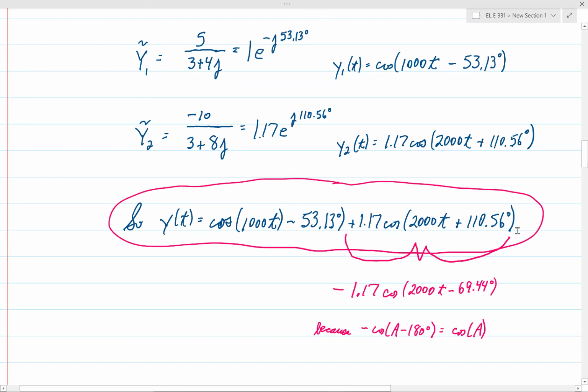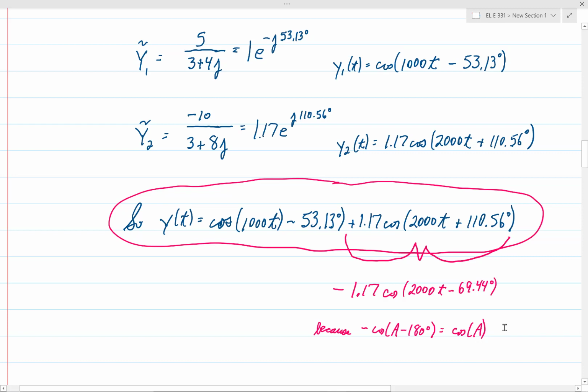And I believe the answer to this problem might be somewhere in the book, and if it is, the second part of the answer might be reported like this, but that is the same as what we have here, because remember that minus the cosine of a minus 180 degrees is the same thing as cosine of a.